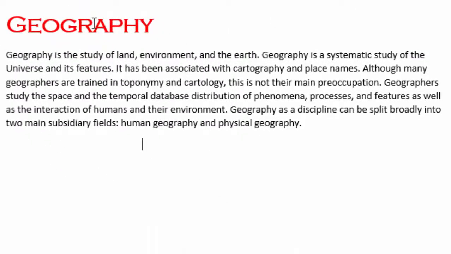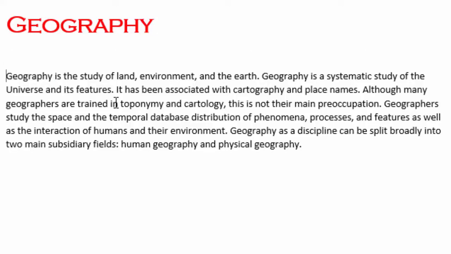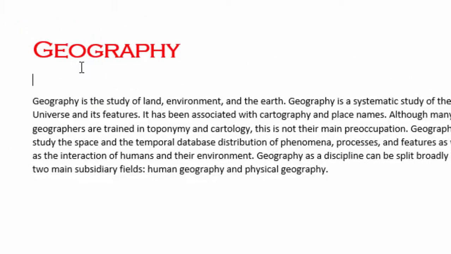Now below this heading, I want to use a nice line to separate the heading and this paragraph, and to do that I will create a space for the line by just clicking before the word geography and pressing enter. Then I will click the empty line which I created.